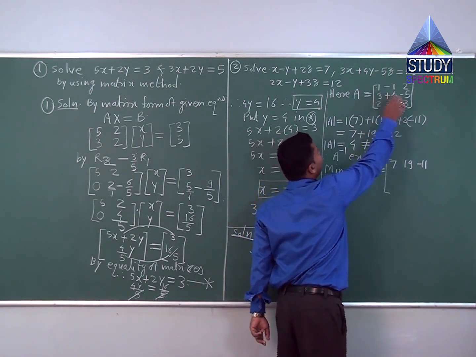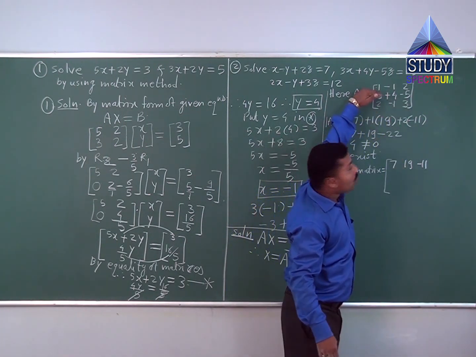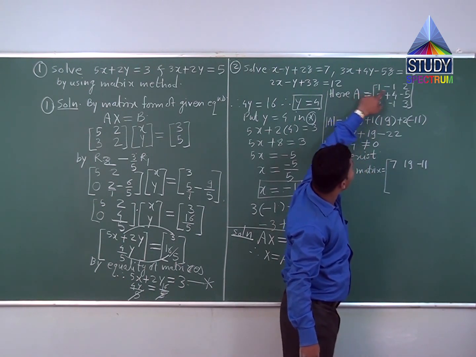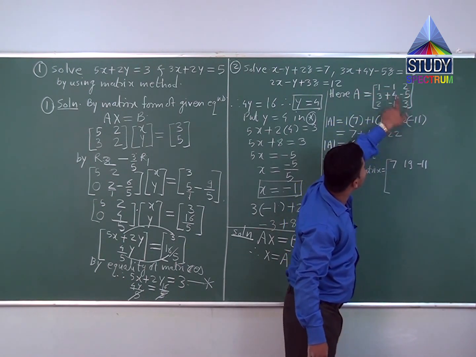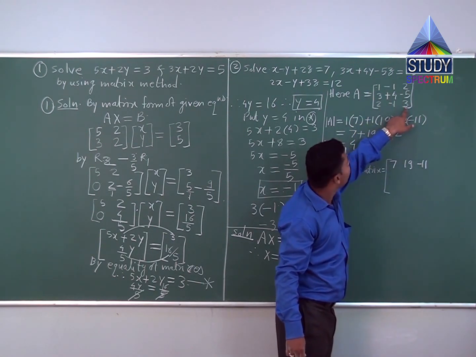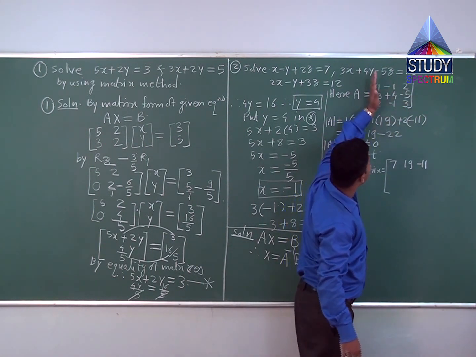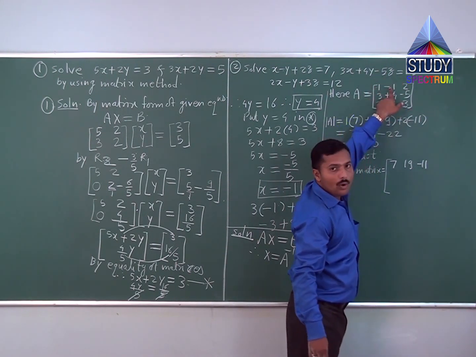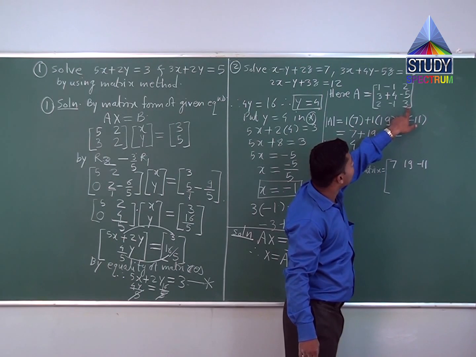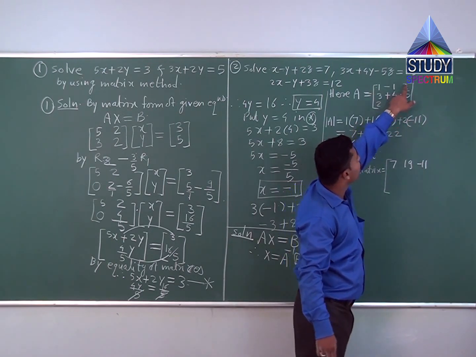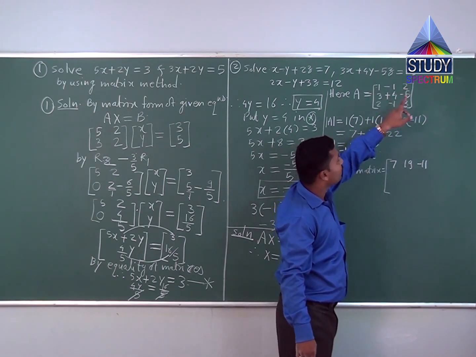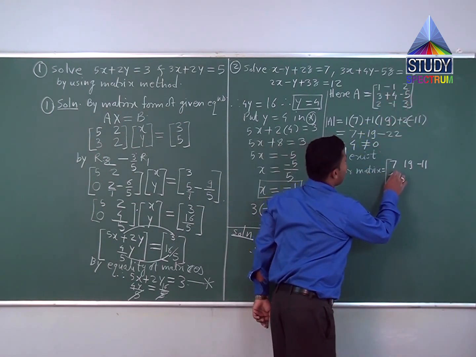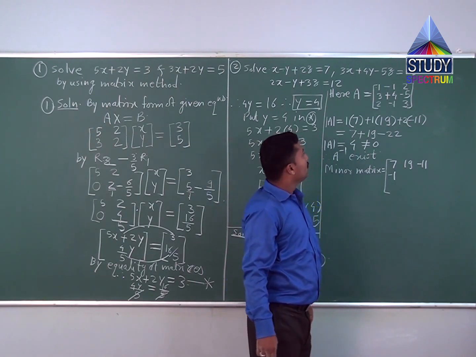Minor of 3: the row and column passing through this number 3 are deleted. Remaining: minus 1, 2, minus 1, 3. We take the determinant: minus 1 into 3 is minus 3, minus 1 into 2 is minus 2, so minus 3 plus 2 is minus 1.